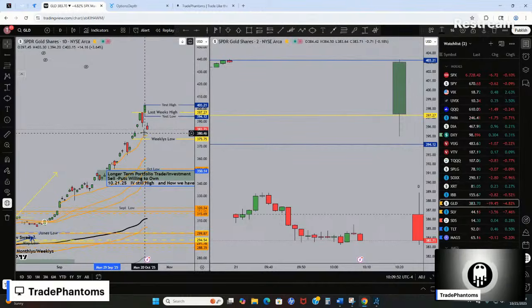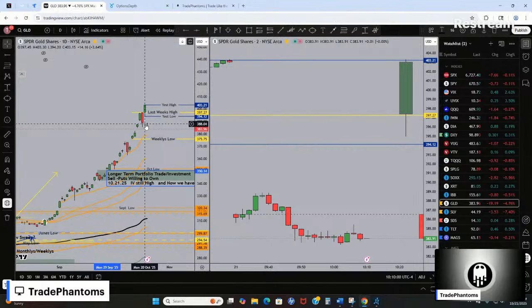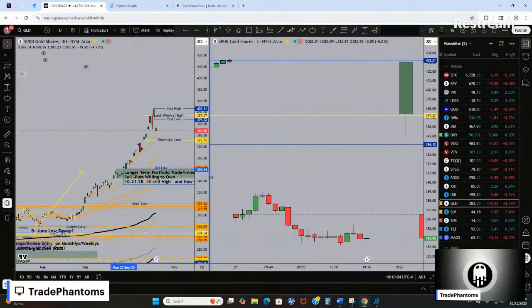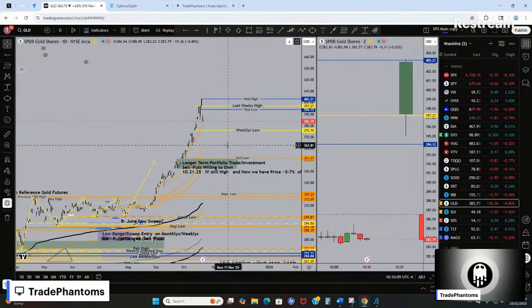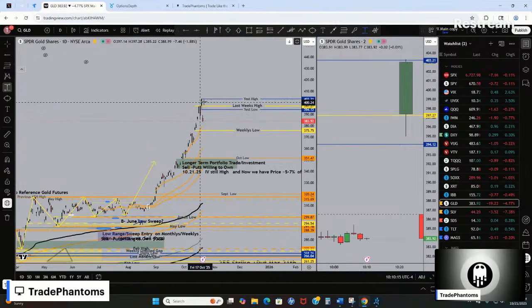So I didn't want to do this when gold was trading at 405, 404, and then sell the put at like 388. I'm willing to own it in a long-term portfolio. When I do something like this, I'm looking at it longer term, holding it for longer term. Let's say that's the all-time high in gold for the next couple of months.